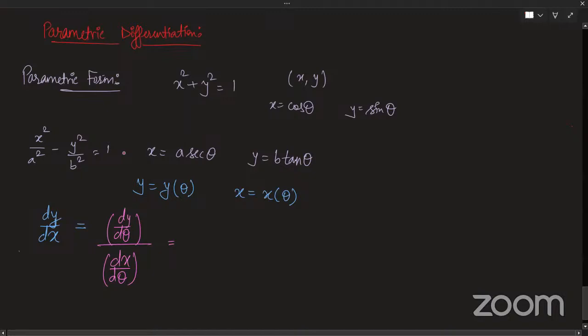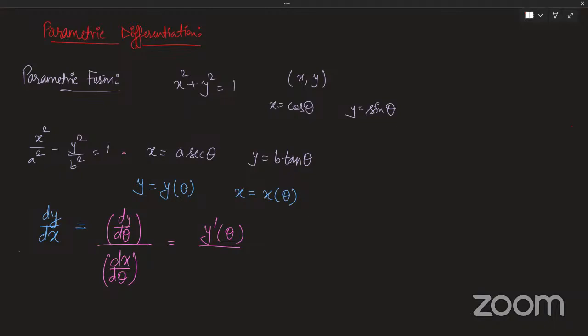Chain rule. Just basic chain rule. Can you tell me what will be dy by d theta? I know y is a function of theta, so I can directly write it as y dash theta. Do you agree with this or not?